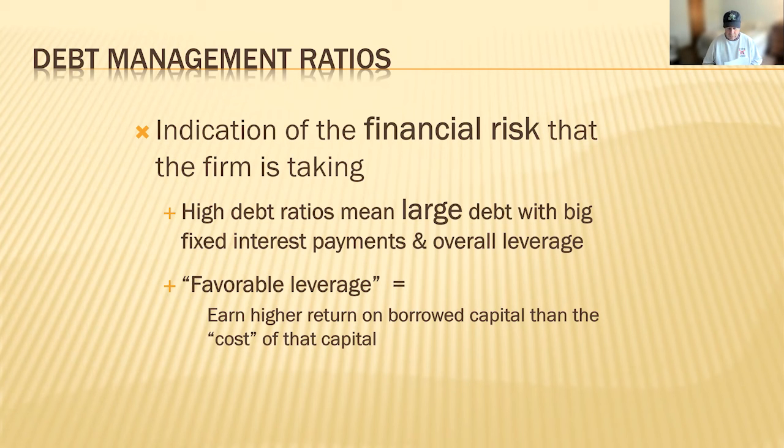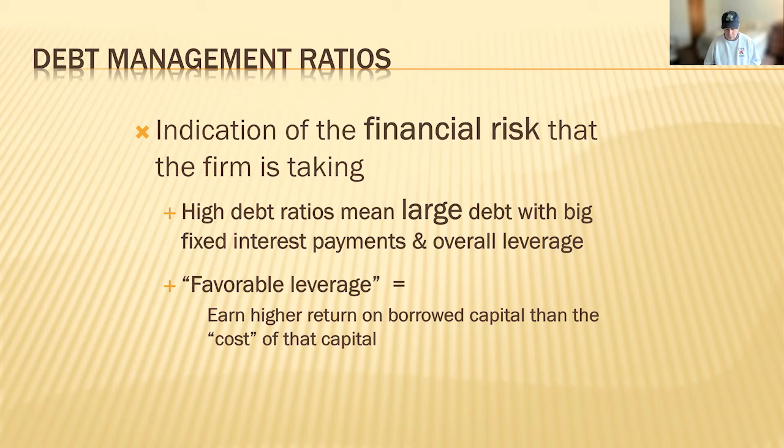Favorable leverage, and this is why it's not necessarily a bad thing, would indicate that you're earning a higher return on the borrowed capital, which means loan proceeds, if that's what it is, or raising money from someone in a private market, than the cost of that capital.